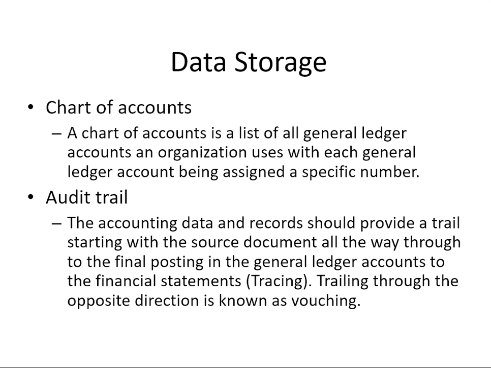Audit trail. The accounting data and records should provide a trail starting with the source document all the way through to the final posting in the general ledger account and to the financial statement. We call this tracing.